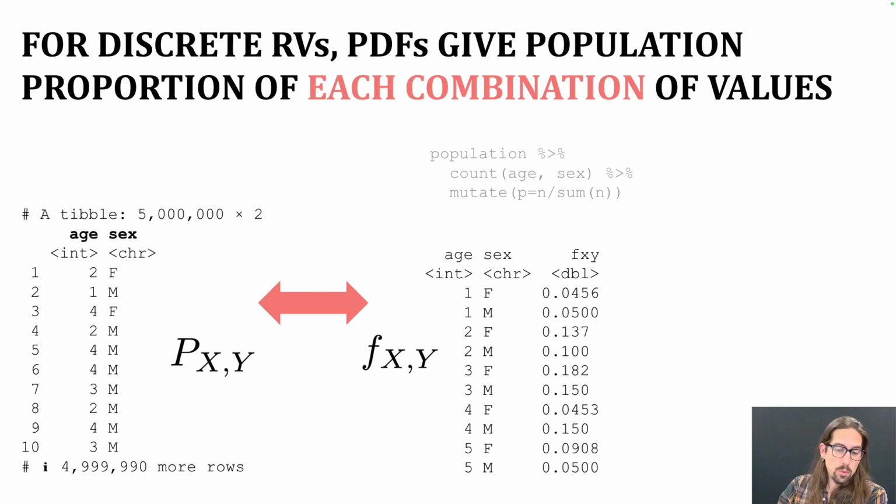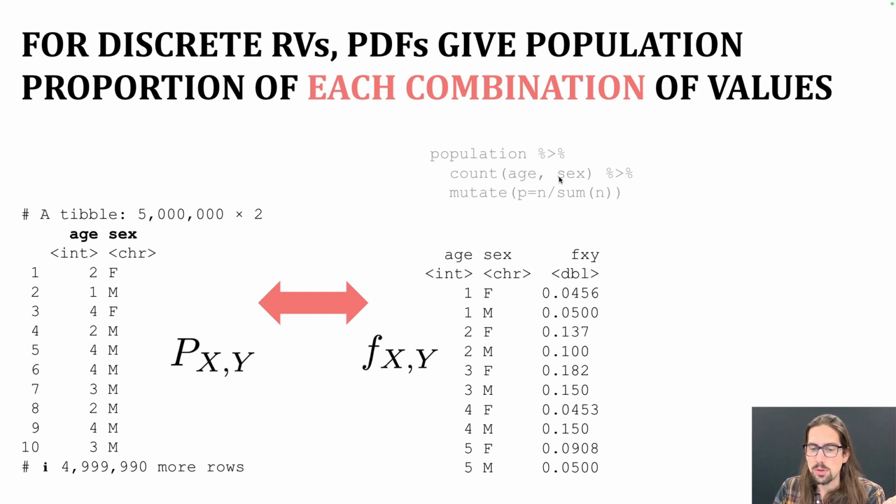And the way that I can calculate the density from this population data set is the same as I did before. So this is the code. If I had this population data set, I would just be counting each unique combination here of age and sex. So the difference from before is that when I was getting the density for a single random variable, I was just counting each unique value of age.